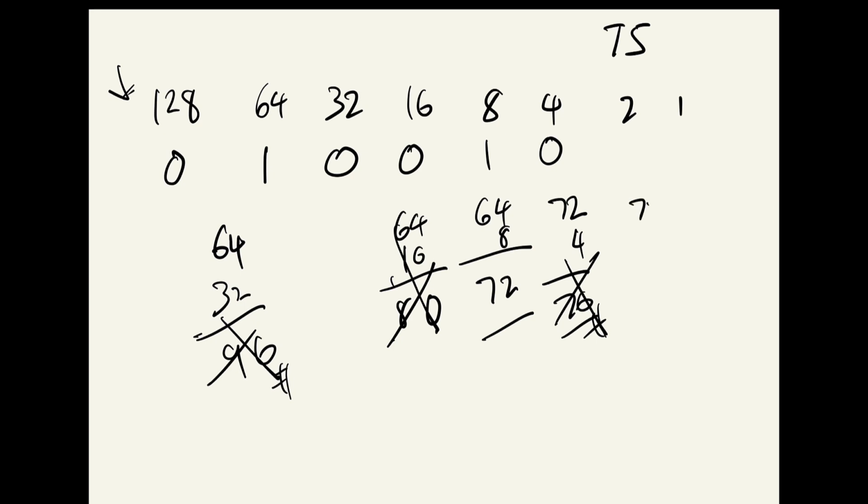Then 72 plus 2 is 74, within 75, so we put that value, and 74 plus 1 is 75, which is exactly the value. So method number 2 allows you to use the conversion table and find out the binary values that you need.